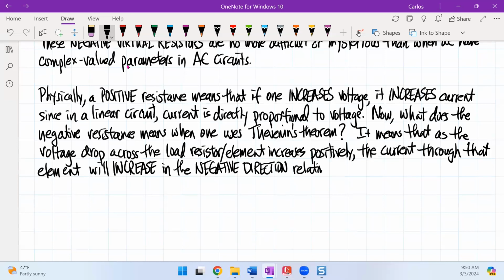Relative to the current flow for a positive resistance.